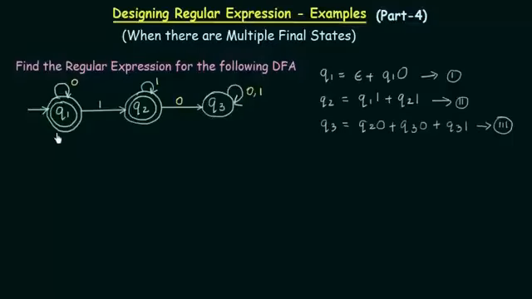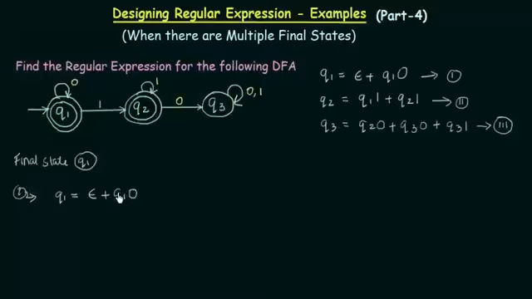Now we see that Q1 and Q2 are both final states. First of all, let's take one of the final states and find the regular expression for that. Let me start with final state Q1. For that I will take equation number 1. So Q1 equals epsilon plus Q1 0.